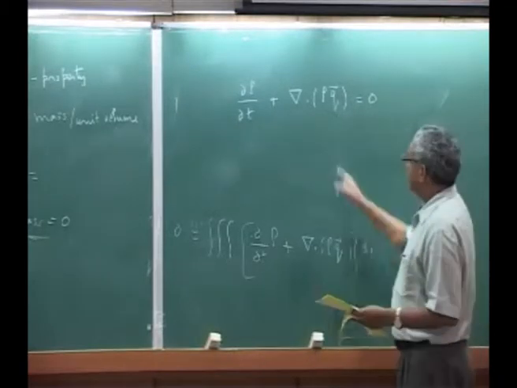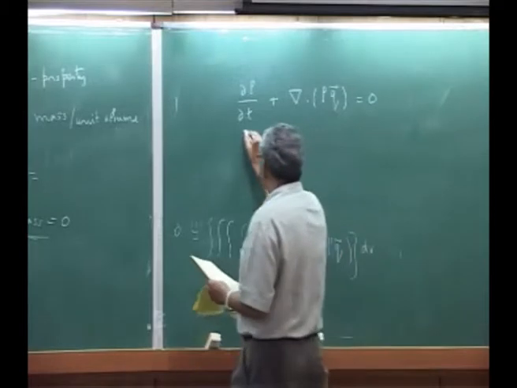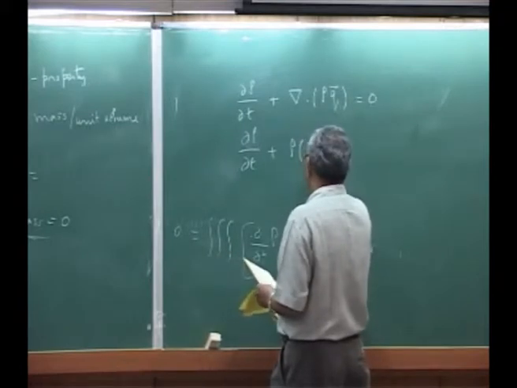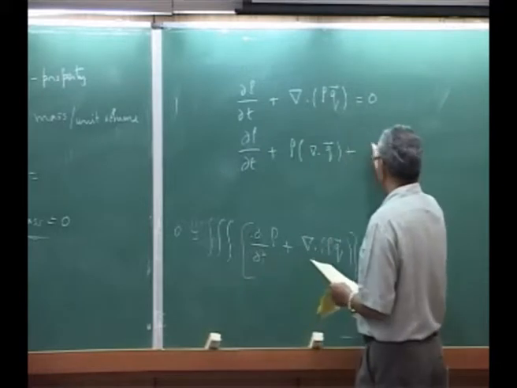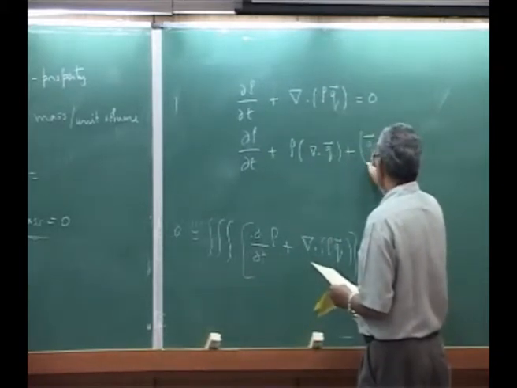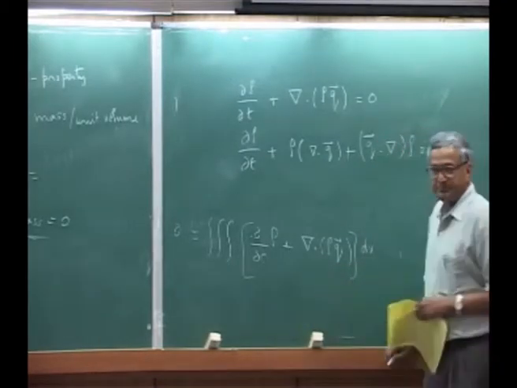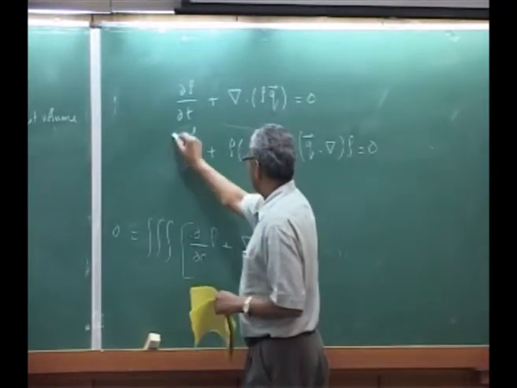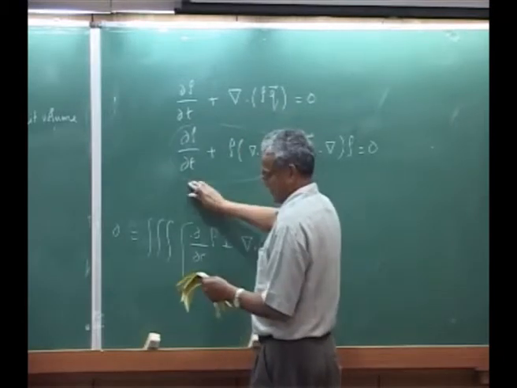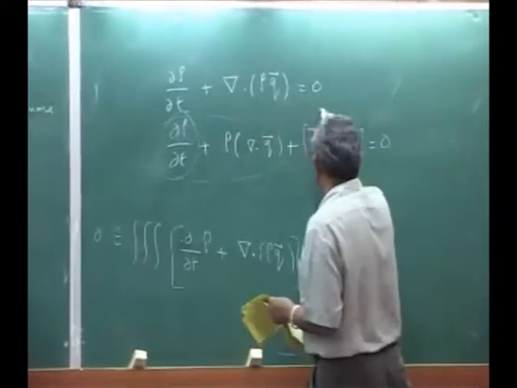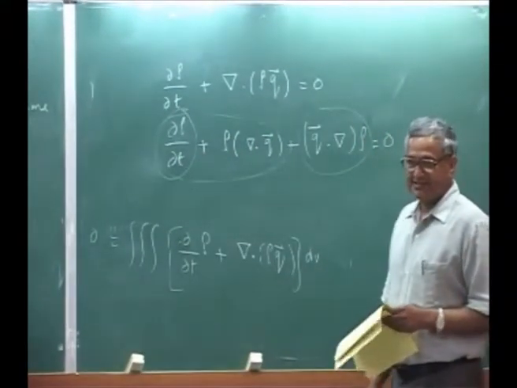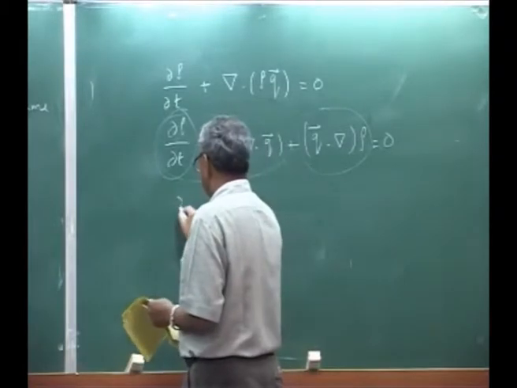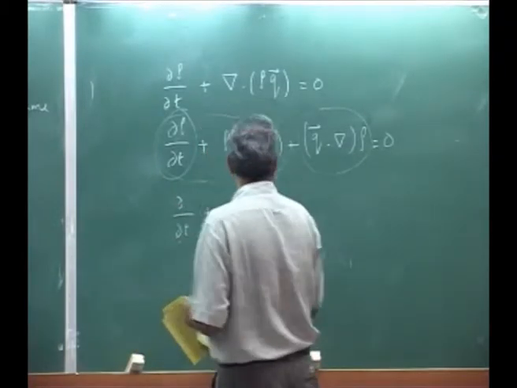You expand this, this can be written as delta rho over delta t plus rho del dot q plus q dot del rho. And these two terms combine and can be written as delta by delta t plus q dot del.